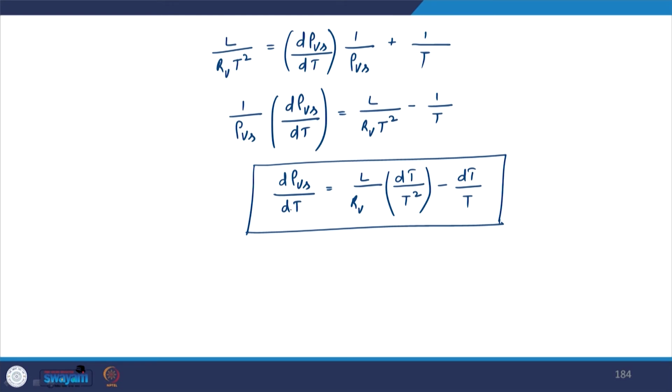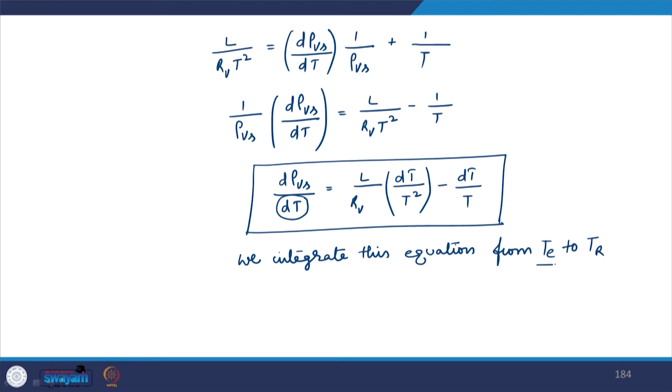Right. Now, let us say we integrate this equation. This is with respect to temperature, right. So, the variable with respect to which the change is recorded is the temperature. So, obviously, the integration has to be carried over temperature from, let us say we call a temperature TE to TR.